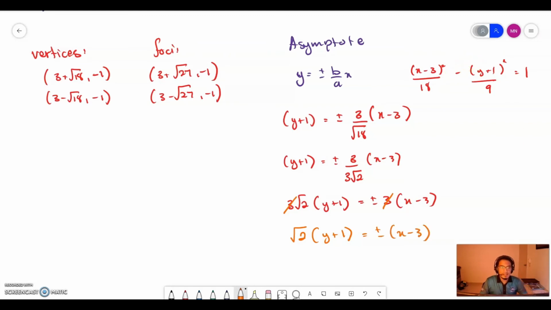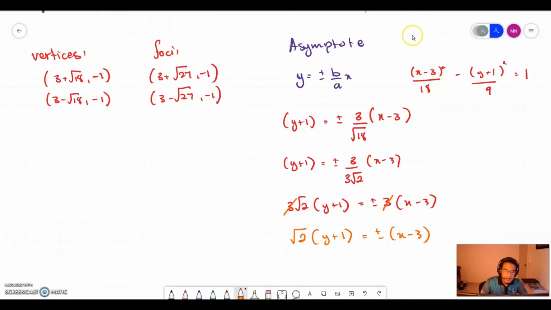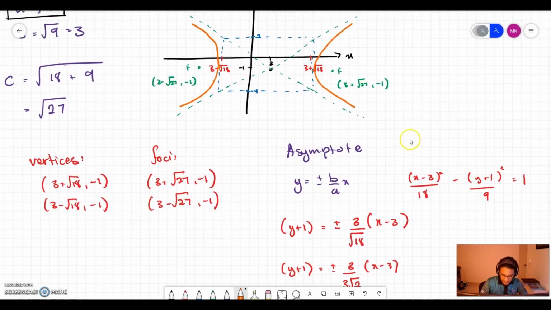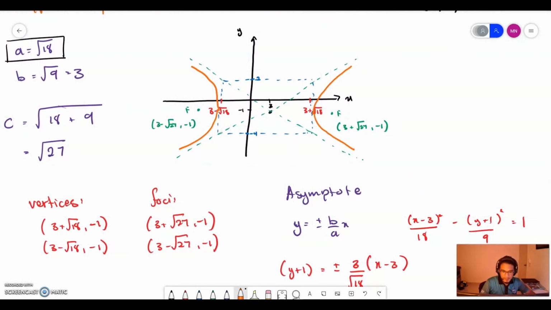So that is our equation for asymptote. And we take that equation and label it on our graph. For the positive gradient of asymptote, we label the equation square root of 2 times y plus 1 equal to x minus 3. And for the negative gradient, square root of 2 times y plus 1 equal to negative x minus 3.